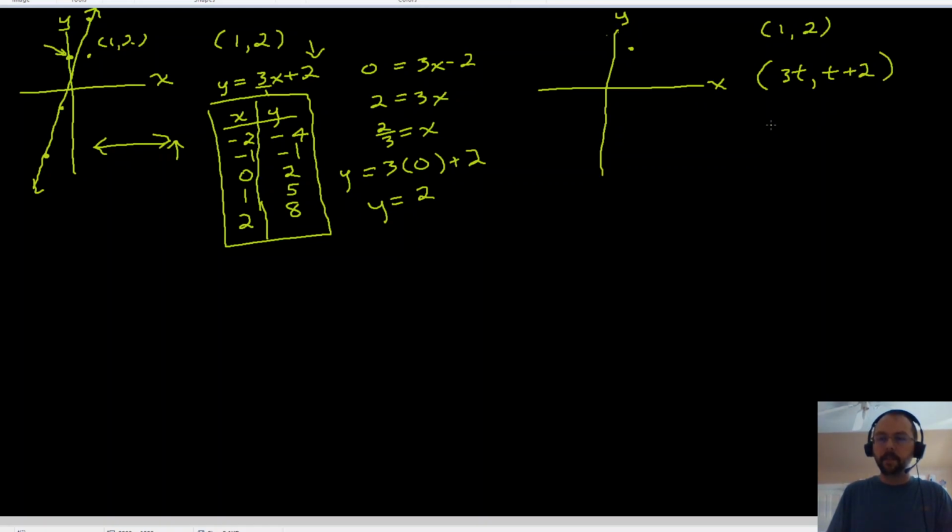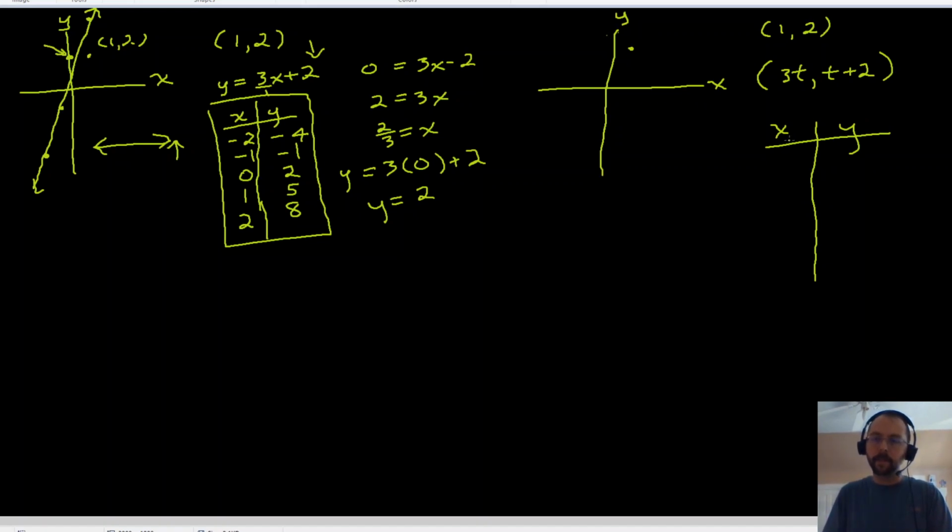Then we make our little chart, x, y, and we do the same thing. We just plug in values for t.